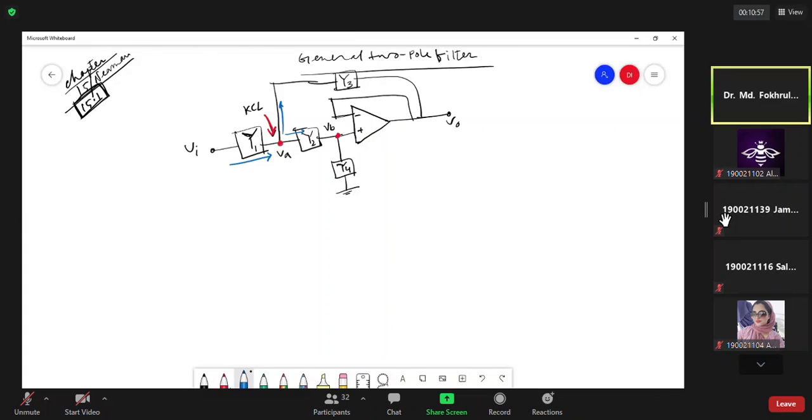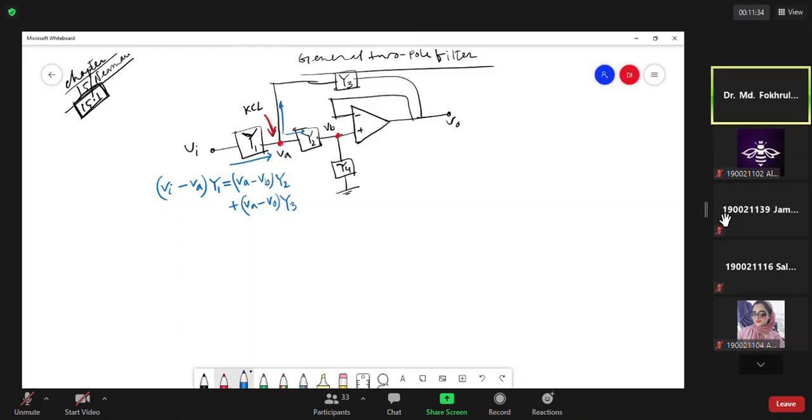Incoming current is (VI minus VA) multiplied by Y1, equals outgoing current: (VA minus VB) times Y2 plus (VA minus V naught) multiplied by Y3.